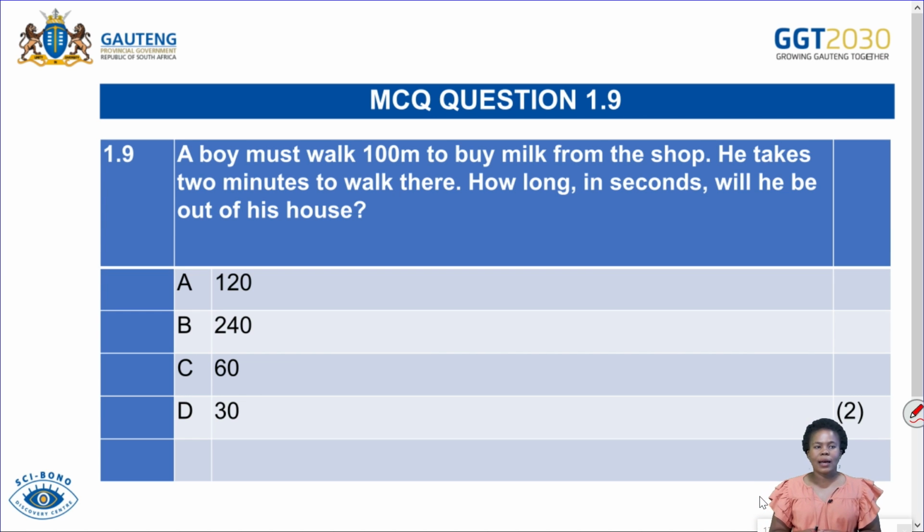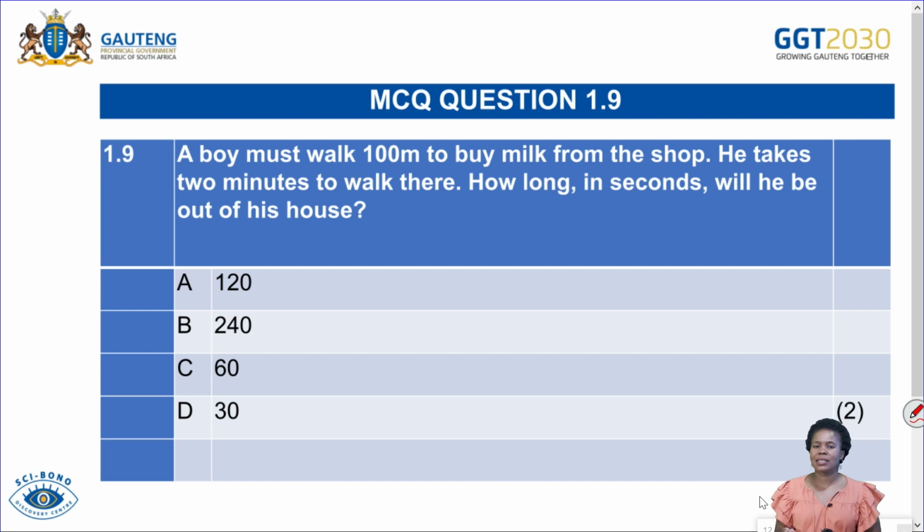Question 1.9, it says a boy must walk 100 meters to buy milk from the shop. He takes 2 minutes to walk there. How long in seconds will he be out of his house? Because now you're given your time in minutes, this is just pretty much a conversion. Now what is 2 minutes in seconds?